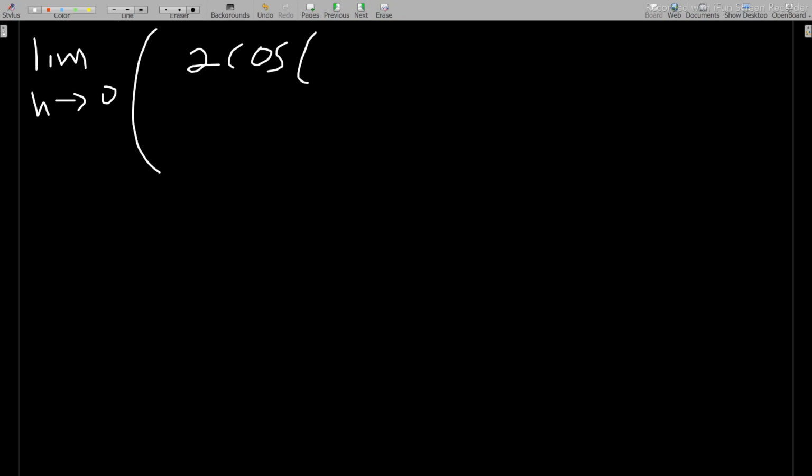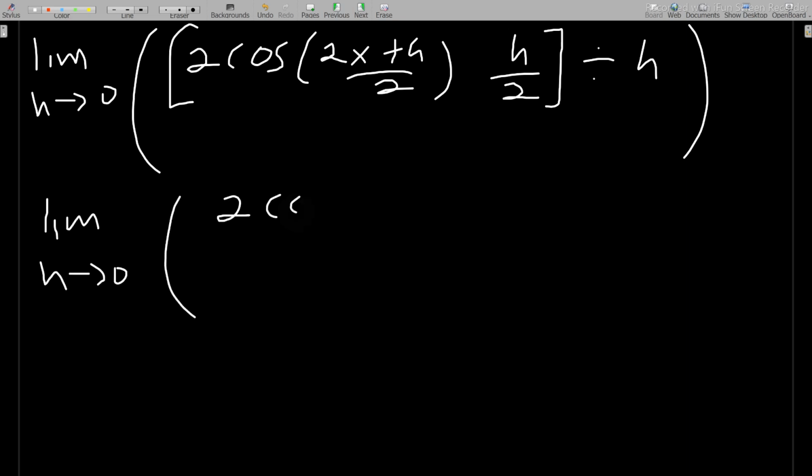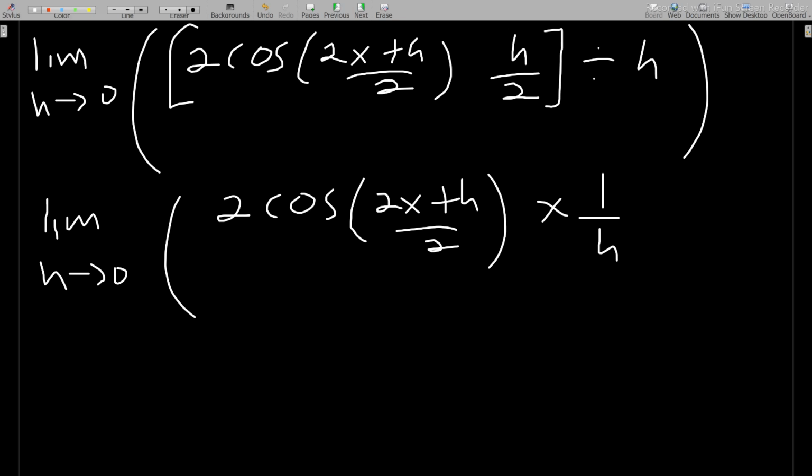So we'll have the limit as h approaches 0 of 2 cos of (2x plus h) over 2, with sine of h over 2 tending to h over 2, and the whole of this is divided by h. So now this whole thing will be the limit as h approaches 0 of 2 cos of (2x plus h) over 2, times h over 2, times 1 over h.